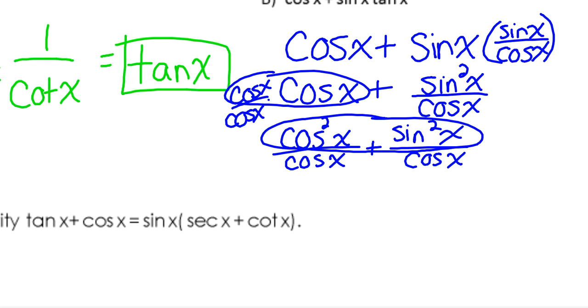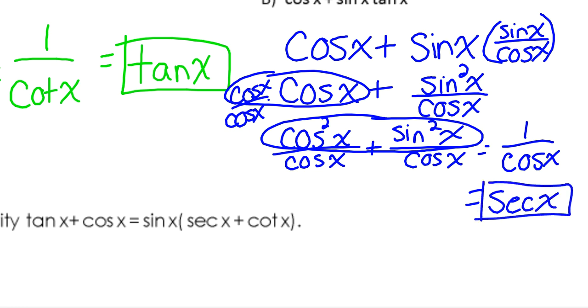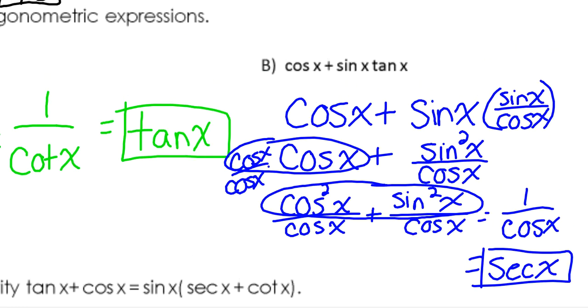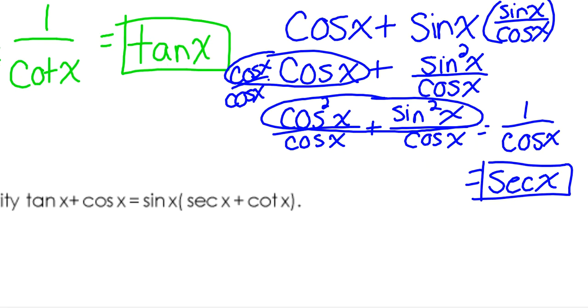So we know from our Pythagorean identities that cosine squared plus sine squared is 1. So now I have 1 over cosine x. And we know from our reciprocal identities on the first page that that is equal to secant of x. So we've taken a more complicated trig expression and reduced it down to a single trig function.